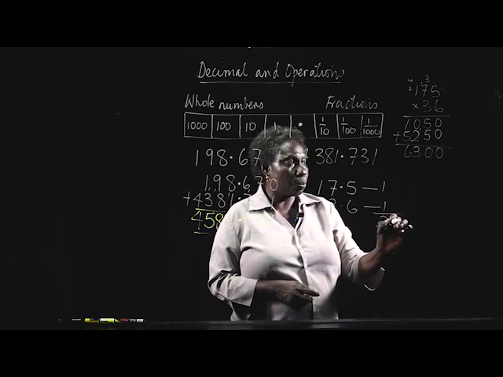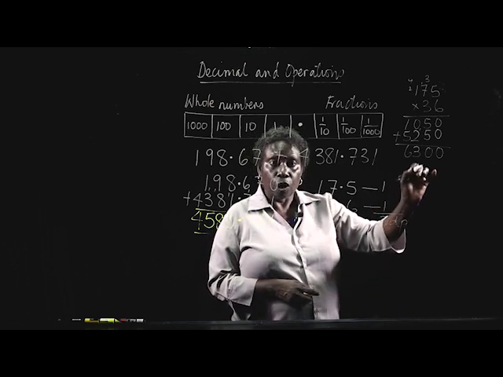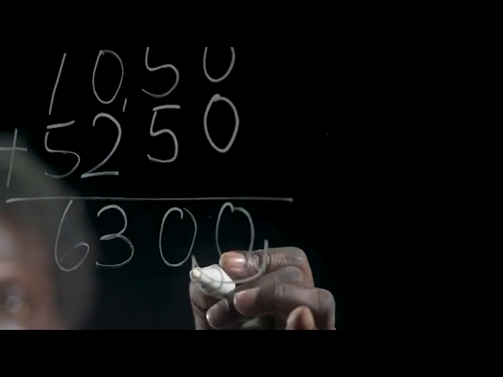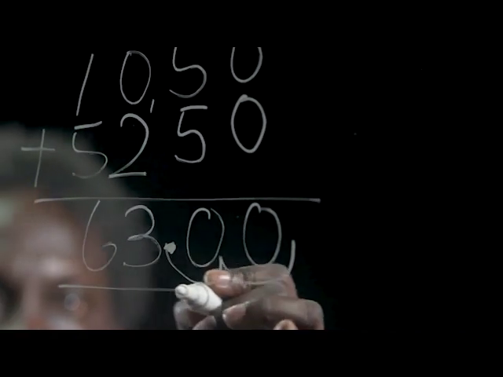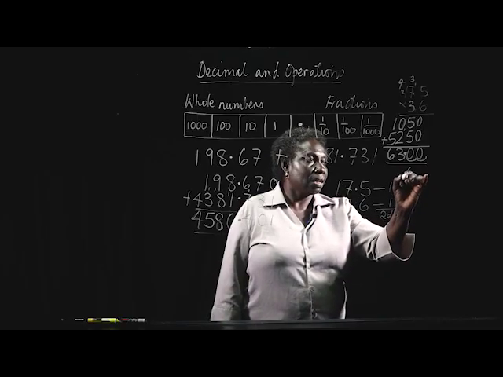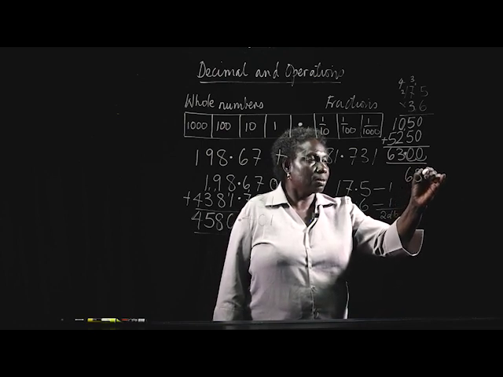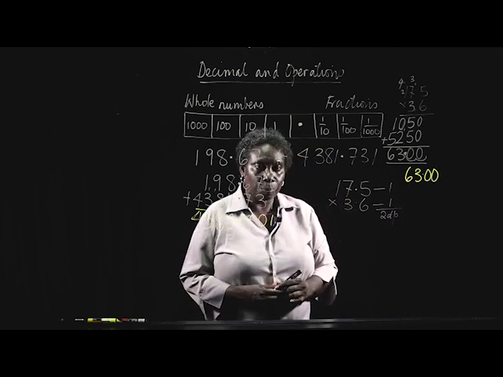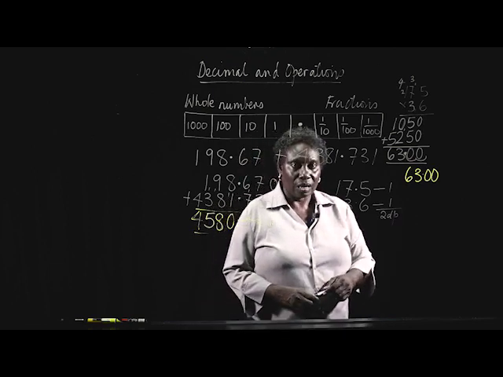There are 2 decimal places, so I am going to move 2 places to the left. 1, 2. So, my answer is 63.00, or I can write it as 63.00 as my answer to my multiplication of decimals.